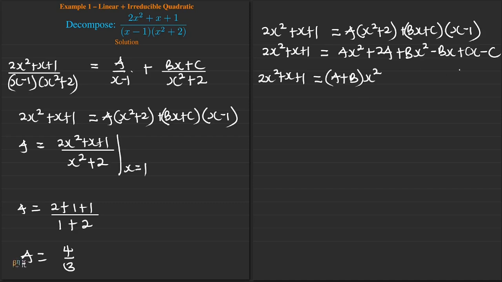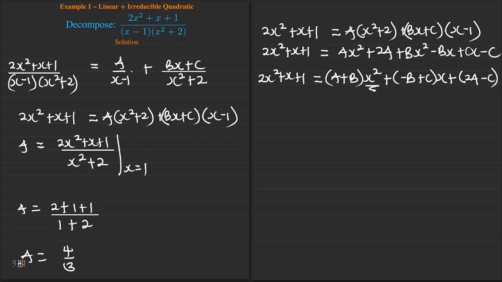Then those with just x, we have negative B and then plus C with our x. And then when we come to the constants, what do we have? We have 2A, and then B has no constants, and then minus C. So 2A minus C.